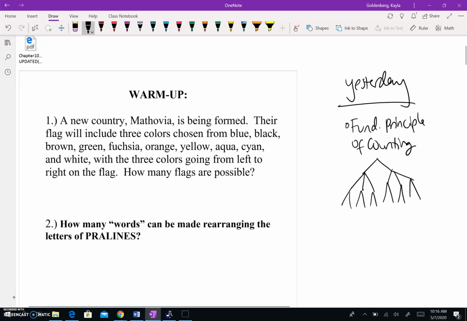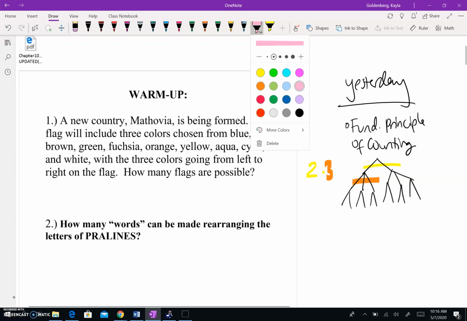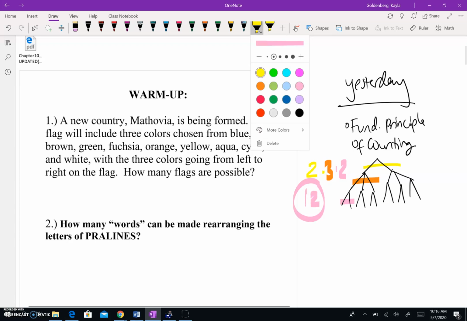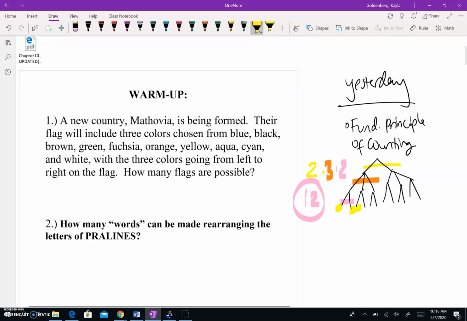You could think of it as a tree that gets you the total number of outcomes, or you could do the 2 times the 3 times the 2. And then 2 times 2 is 4, 4 times 3, that tells you that there are 12 different possibilities of where you might end up at the very end of your journey. So that's called the fundamental principle of counting.